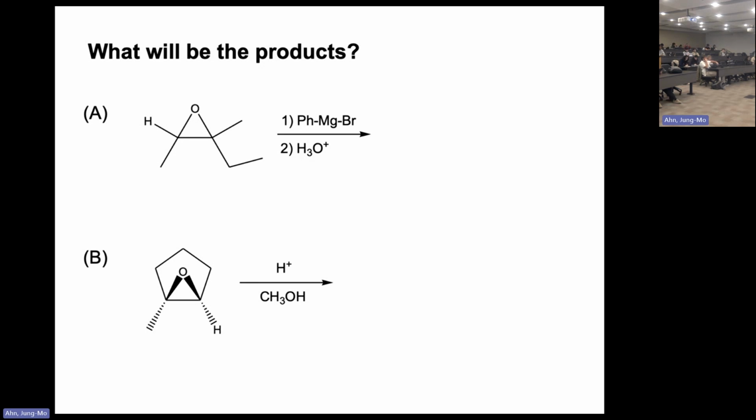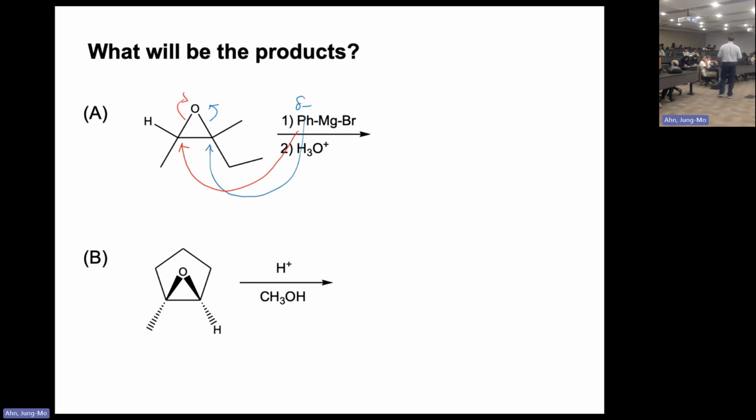If the nucleophile comes and makes an attack, where is it going to go? Is it going to go there, because in other cases you see the more substituted side will be attacked, right? Or is it going to go to the other carbon? That's the question. What I'd like to say is that without protonation of the oxygen, this is simply a nucleophilic attack, which is very sensitive to steric hindrance.